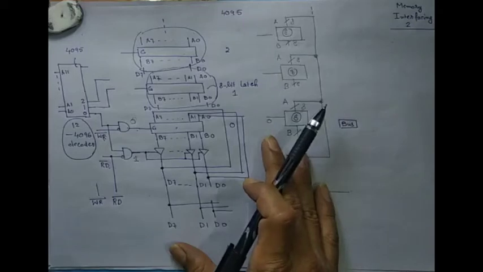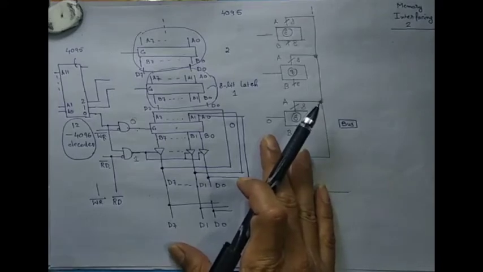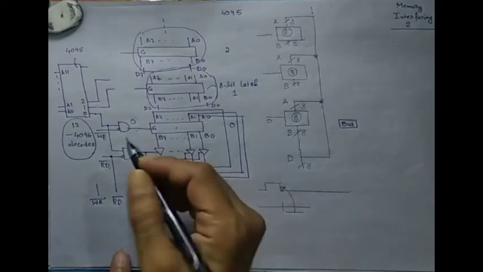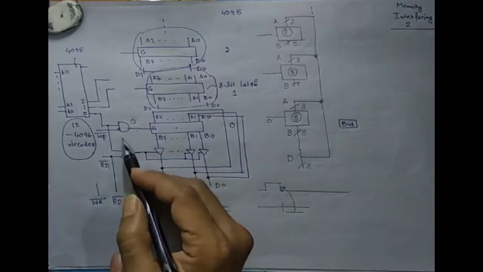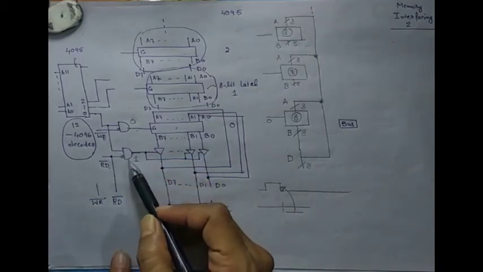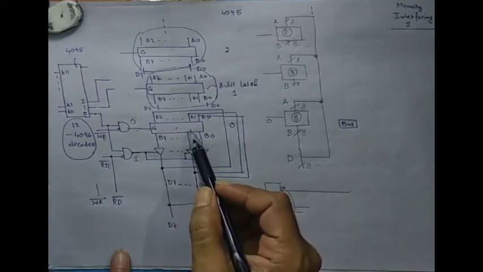I had almost given no notice to the chip select signal. So the chip select signal goes along with each AND gate for each 8-bit latch.